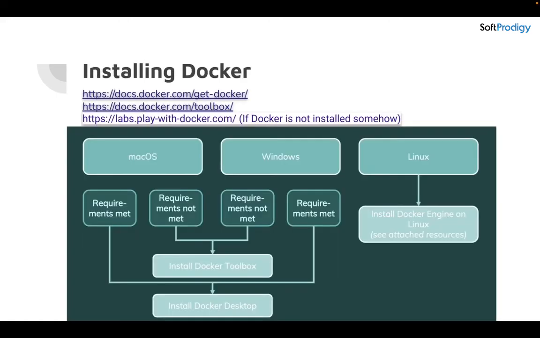So next is how to install Docker. Docker has a lot of configuration for each operating system, so this is a very important part. If you're using Mac OS, then obviously there is Docker Desktop, and if you're using Windows also, there is a software provided by Docker, that is Docker Desktop.